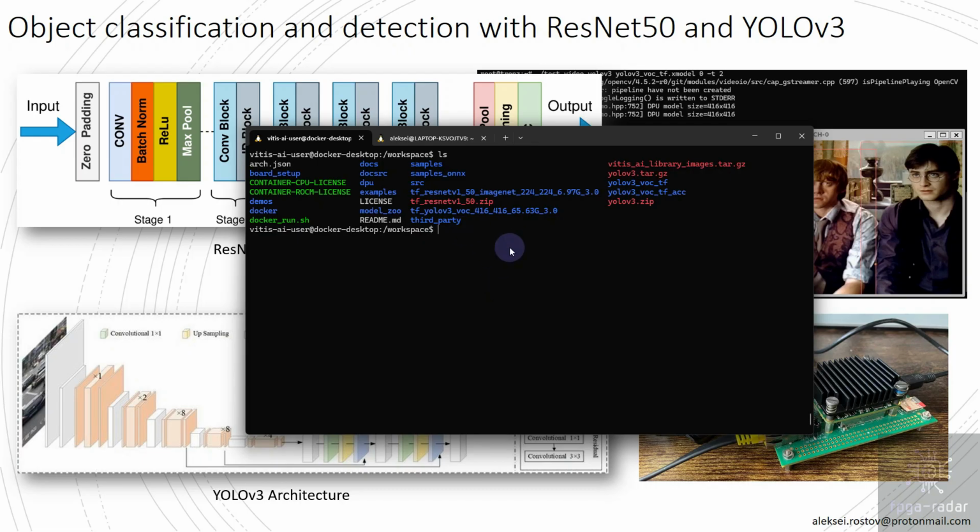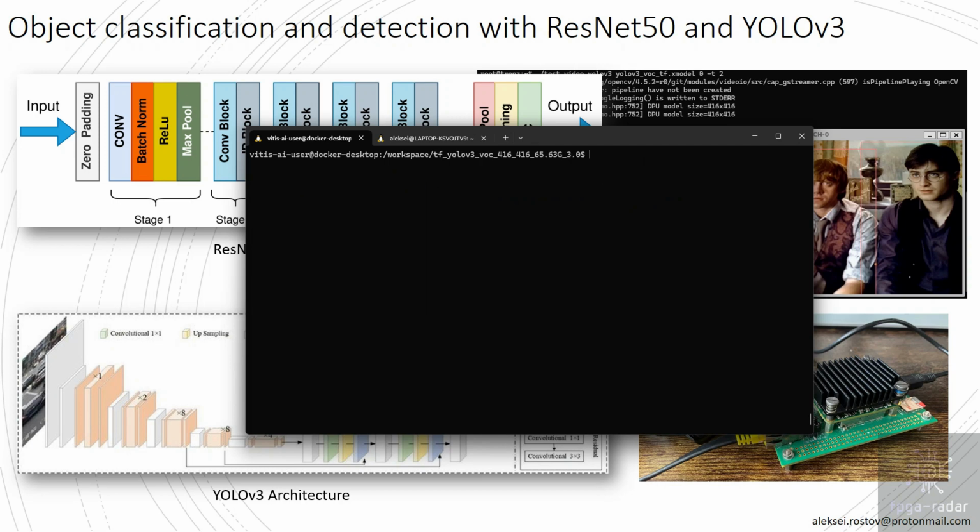Okay, let's start with recompiling. Basically, it's the same as we did for ResNet 50. For doing this, I have to go to the YOLOv3 folder, and let's take a look. Its structure is completely the same. Here we have the quantized model that we use in order to recompile and get the xmodel file. So let's do this.